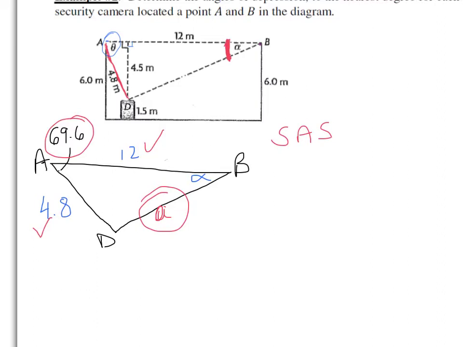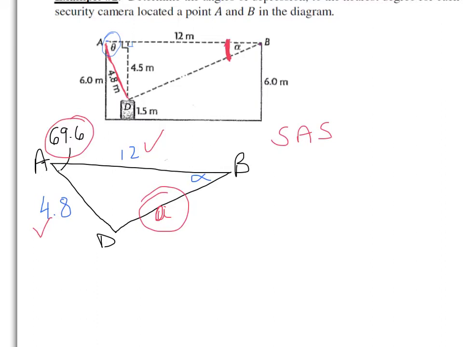Okay, so then we get that a squared equals 126.885. And then to get a, we just need to square root this answer to get that little a equals 11.3.